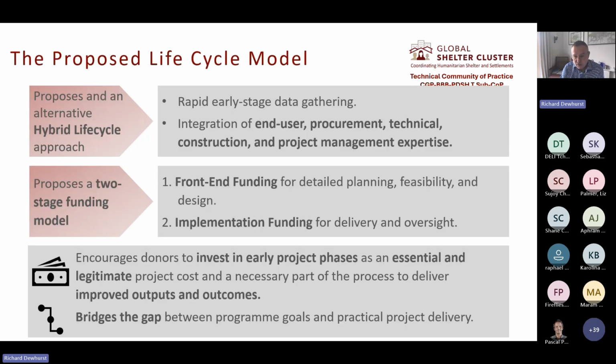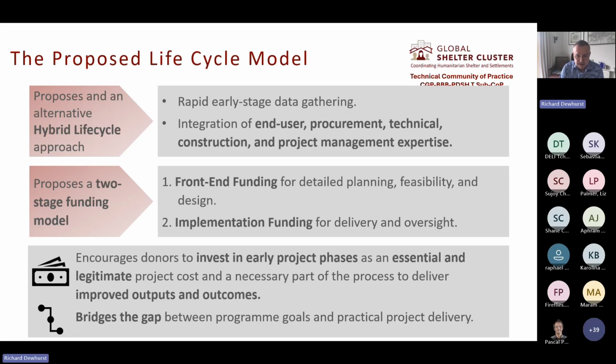So to address these challenges, I developed an alternative hybrid lifecycle approach. This model was designed to enable rapid early stage information gathering to reduce uncertainty by integrating a wide range of stakeholders, including the end users, the technical experts, construction specialists, and project management.